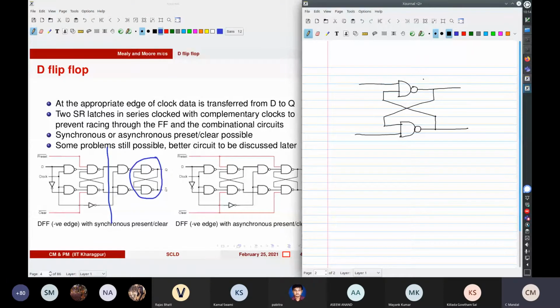Suppose the output here, sorry, someone is saying something. Hello? Okay. Let us say that you got a 0 over here. Suppose this is 0. So it also means that you got a 0 over here, right? And that means that you got a 1 over here.